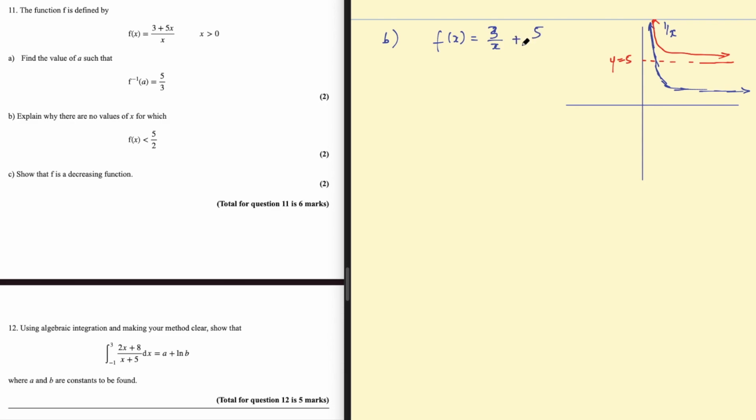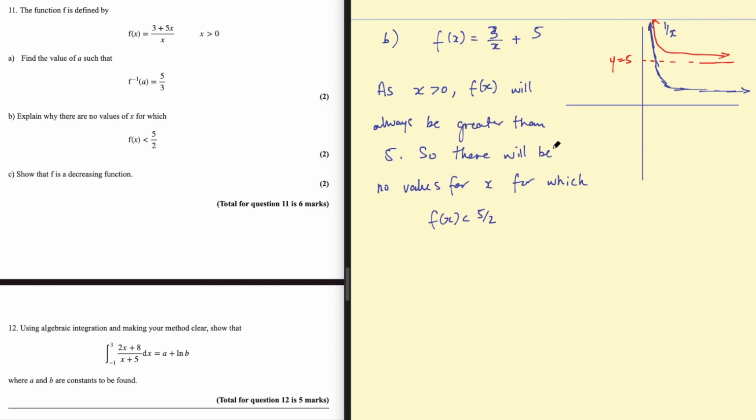It's always more than 5. So we can say something like, as x is greater than 0, f(x) will always be greater than 5. So there will be no values for x for which f(x) is less than 5/2.